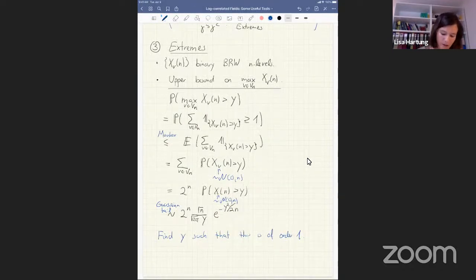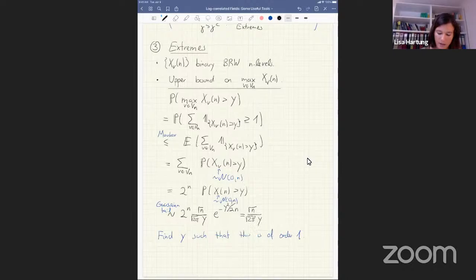If we look at this expression, the largest term making it big is the 2 to the n over here. The best chance to kill this 2 to the n is to use the y squared here. So we have this term from the Gaussian tail, square root n over square root 2 pi and y.